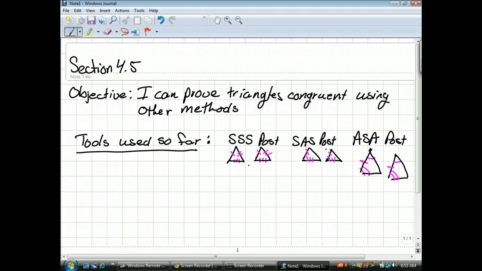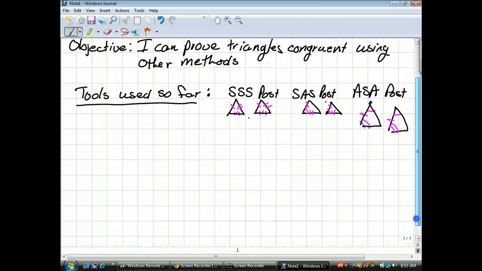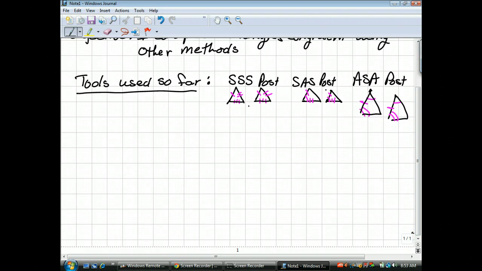Doesn't matter which one. Today we're going to learn two theorems, one that works for any kind of triangle and one that only works on right triangles. So our first theorem is called the angle angle side theorem. Okay?